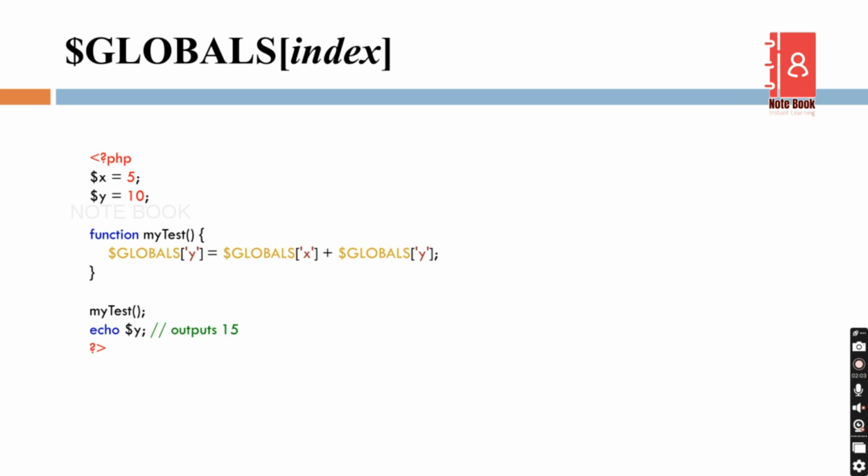So what we are doing is adding the variables x and y. The values inside x and y will be taken and added, and the sum will be printed outside of the function. So outside of the function we are calling the function myTest and printing $y using the echo statement, and the output will be x 5 plus y 10, that is 15.